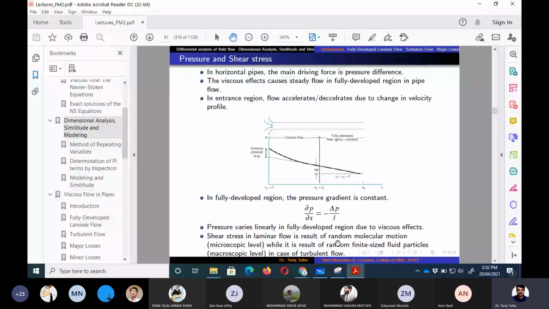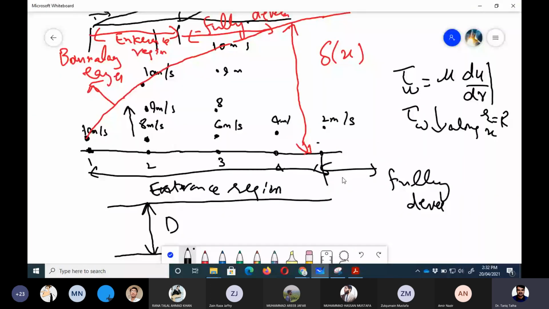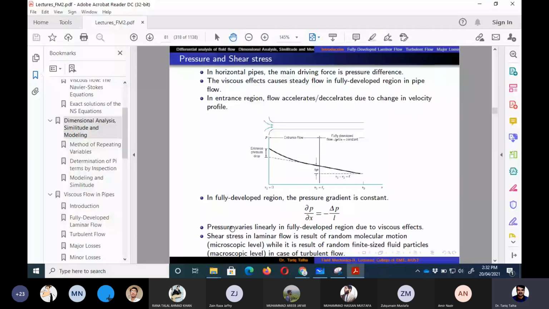So that is the macroscopic phenomenon in case of turbulent flow, but in case of laminar flow, it is a microscopic phenomenon. It means that it only depends upon the viscosity here. But in the turbulent flow, it also depends upon the random motion of particles from one streamline to another streamline, in addition to the viscosity effect.